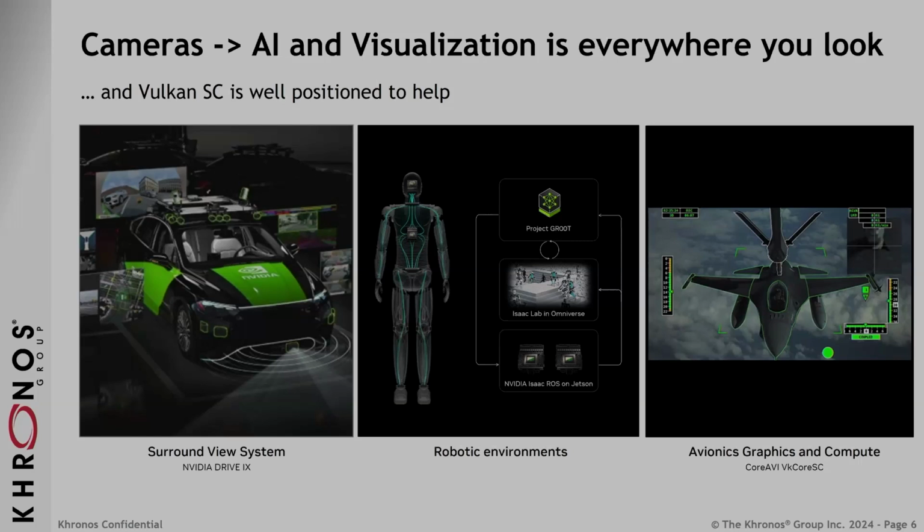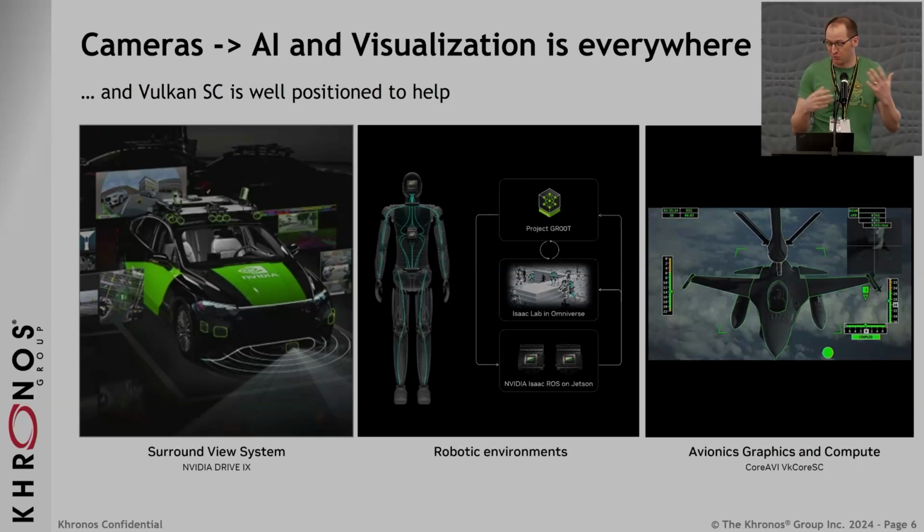It might be robots, which have similar constraints, data to process, things to visualize, and even avionics, running the displays in the cockpit. I think this image comes from one of the suppliers, and they've got a system where they're using computer vision to do docking of fighter planes for refueling. And that's running through Vulkan SC.